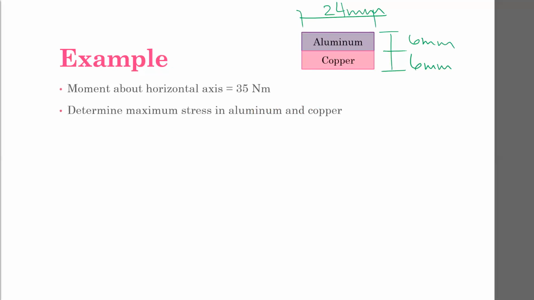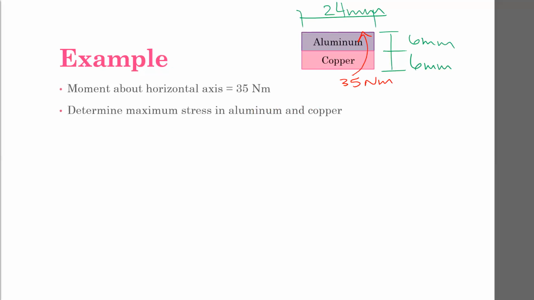And there's a moment about the horizontal axis of 35 Newton meters. So we have a moment acting like this, 35 Newton meters. And I want to determine the maximum stress in the aluminum and the maximum stress in the copper.